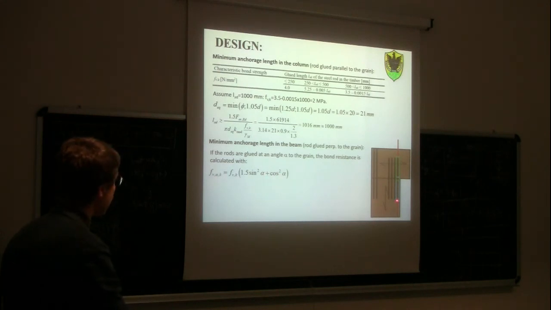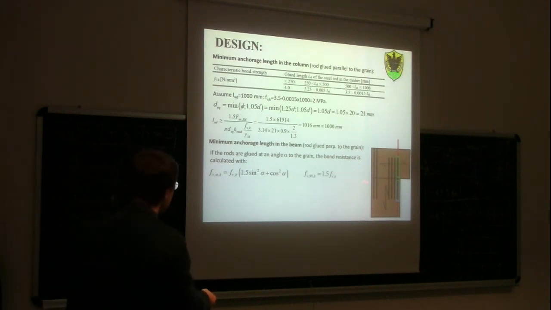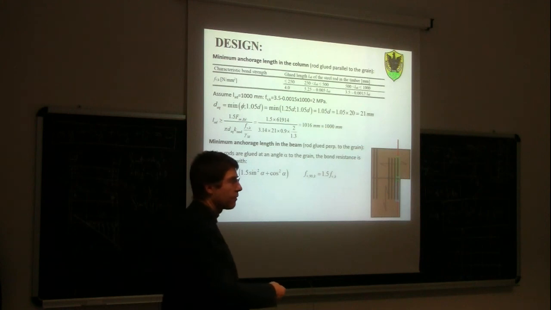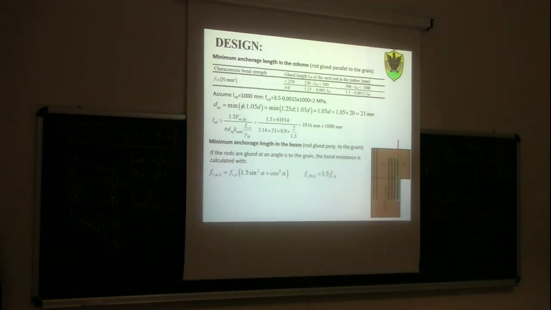So in the column alpha is equal to 0, so you get that FB alpha K is equal to FBK. But instead, in the beam, FB 90K is 1.5 FBK. So we have a larger strength. Having larger strength, we can expect also a lower bond length.